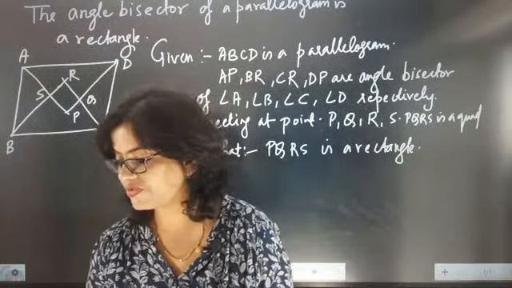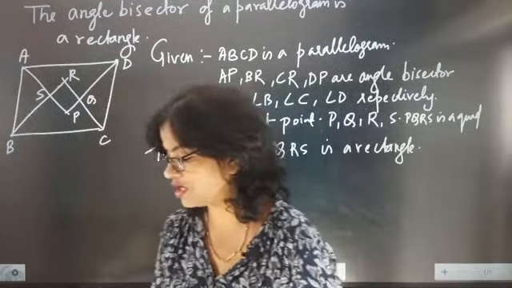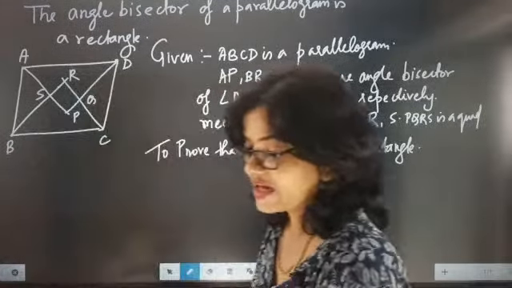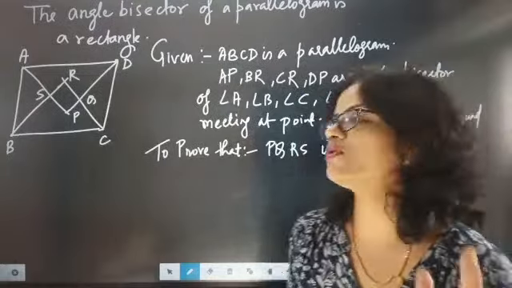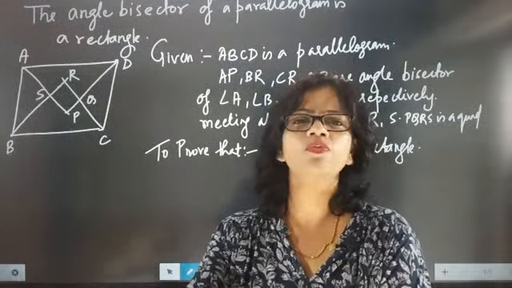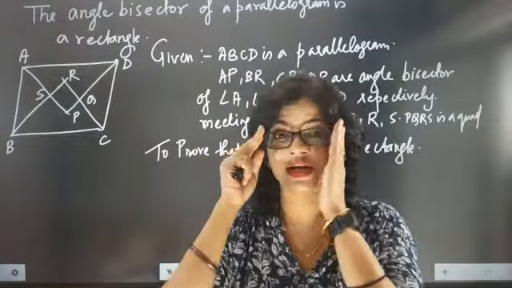Now once we have taken PQRS as a quadrilateral, one small concept is needed. From a quadrilateral, prove that it is a rectangle.